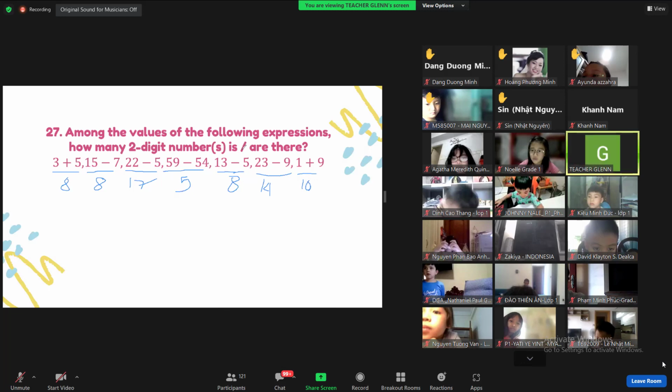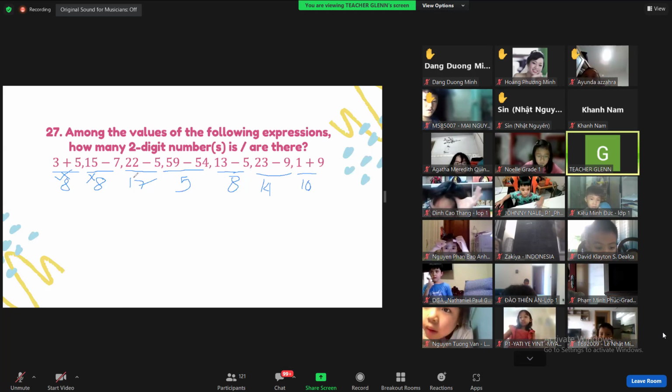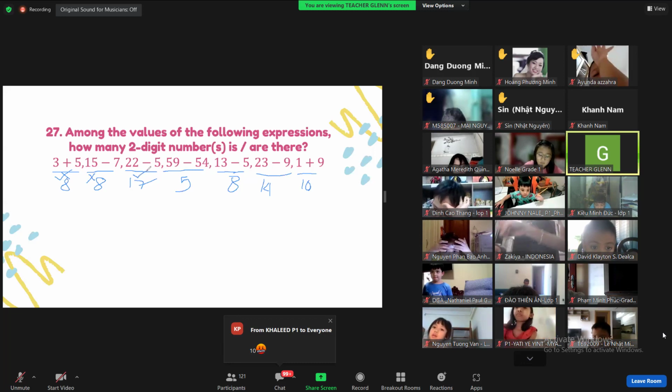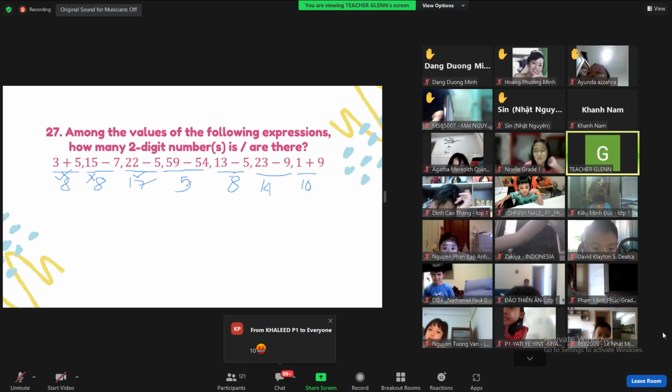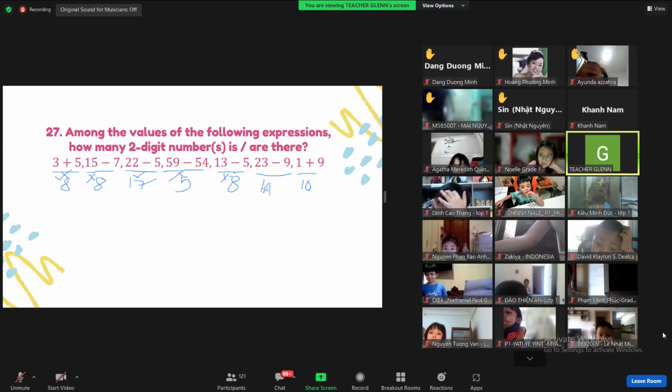Now, the problem is that we're going to find how many two-digit numbers there are. 8 is only one digit, so that is wrong. Next, 8 is also one digit, so that is wrong. Then 17 is two digits, since this is 1 and 7, so this is correct. 5 is one digit, so this is wrong. 8 is also one digit, so this is wrong.